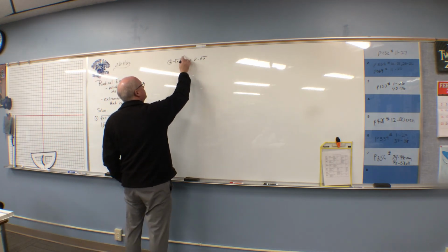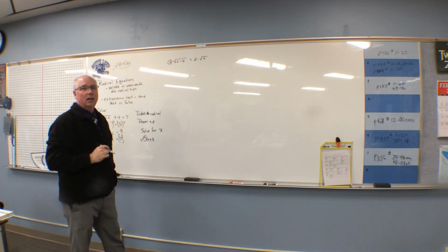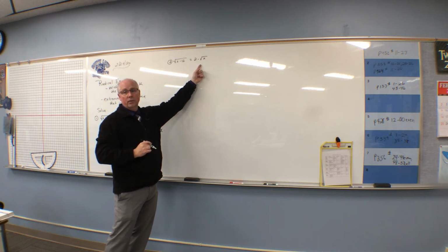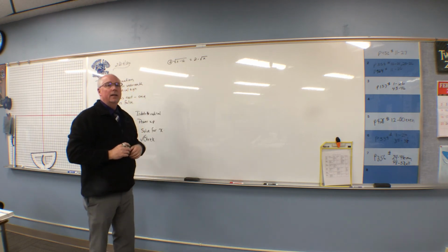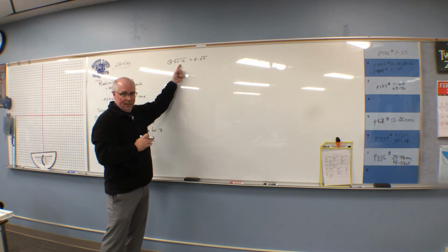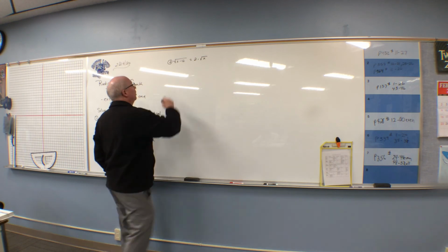This radical is already isolated. Do you understand that? I could isolate that one if I wanted to, but I think it's better to isolate the more complicated one. This one is more complicated because it actually has a quantity underneath the radical sign, where this one does not. So we're going to power up.